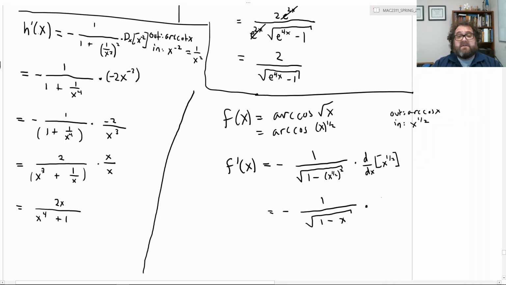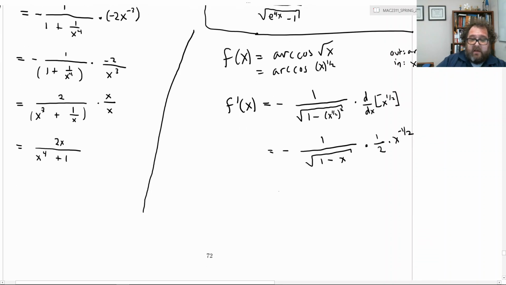Times the derivative of x to the 1/2 power rule. So original power out front as a scalar multiple times x raised to the original power minus 1. So negative 1/2. Okay. We need to clean this up a little bit because we do not like negative exponents in our final answer. And we get what? Well, the whole thing is still negative. So negative, and there's still just a plain old 1 on top.